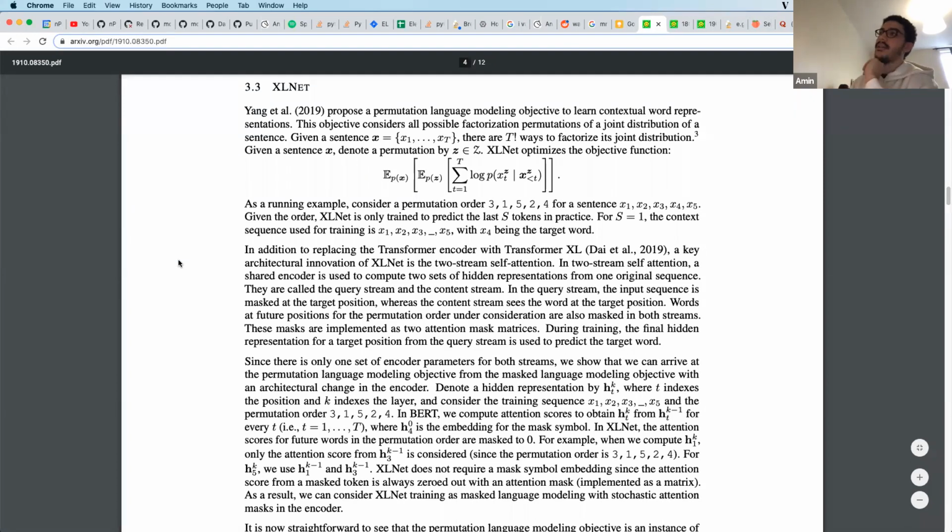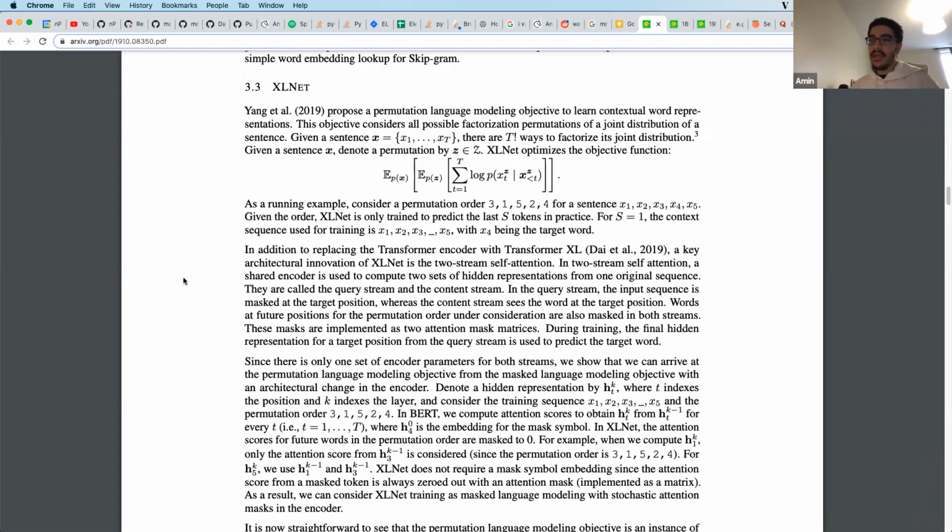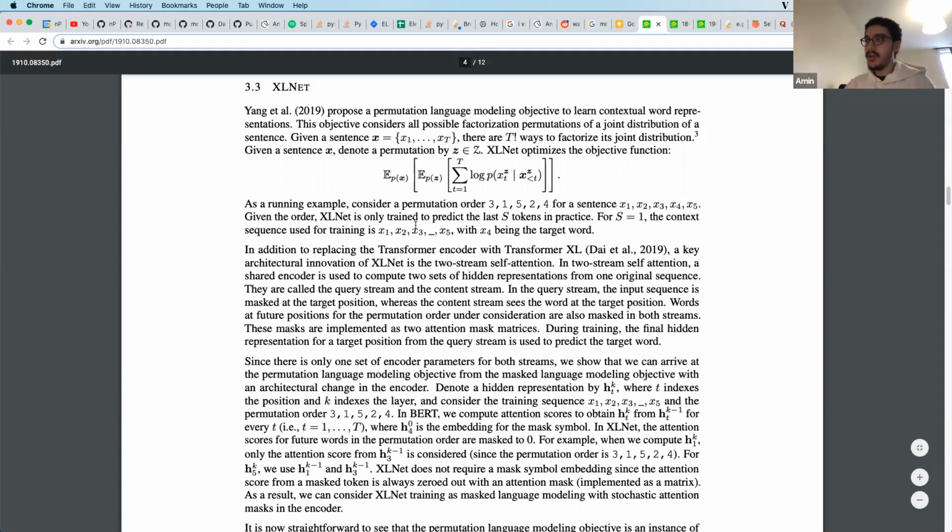The main idea behind the model is, given a sequence, you want to sample a permutation order of the sequence, and then you decompose the joint distribution of the sentence according to that permutation order.